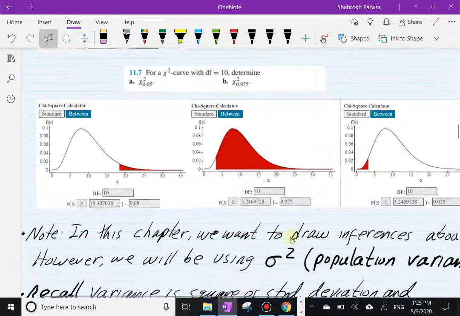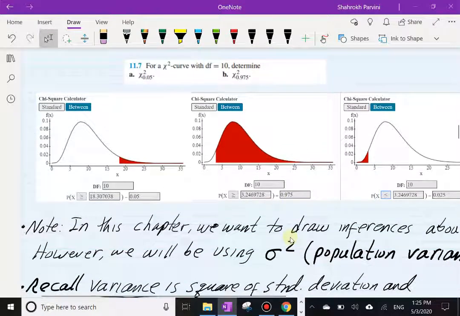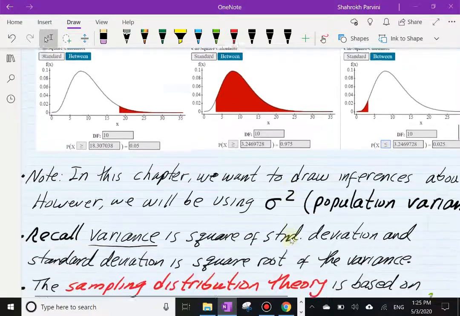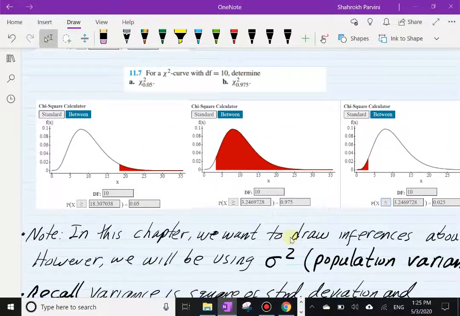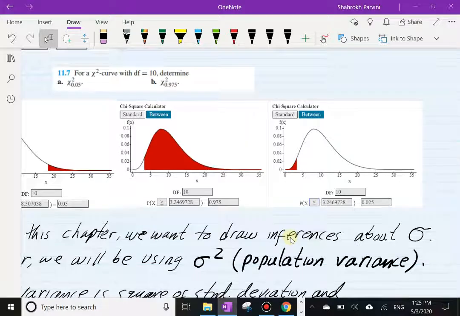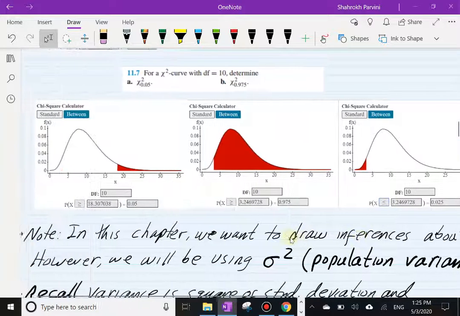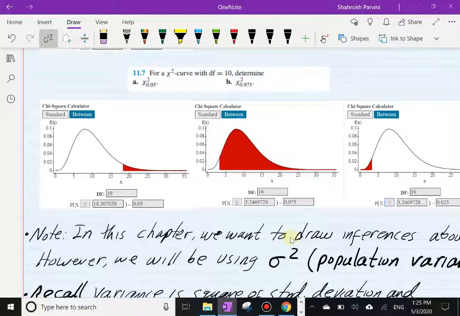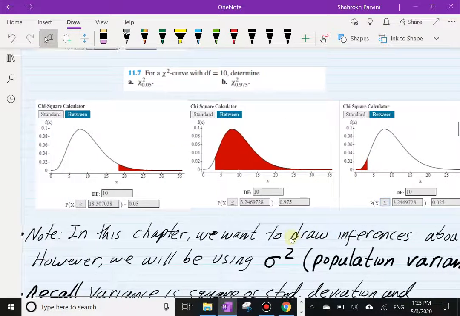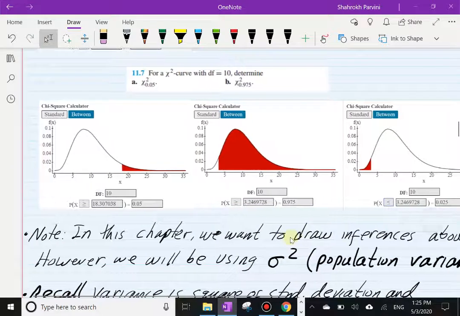Now, let's actually begin with what we want to do here. In this chapter, we want to draw inferences about sigma, the population standard deviation. But we're going to be using the distribution theory that follows for the variance, the population variance. Keep that in mind. The short reason for doing this is the sampling distribution, which is what we need.